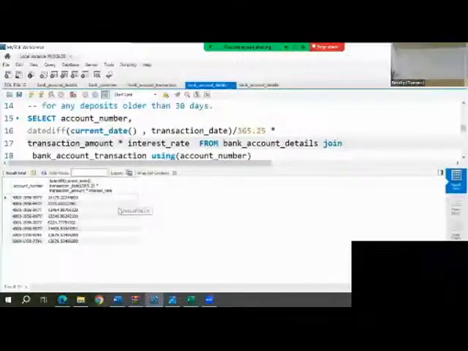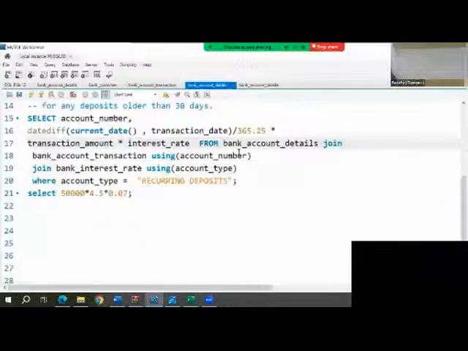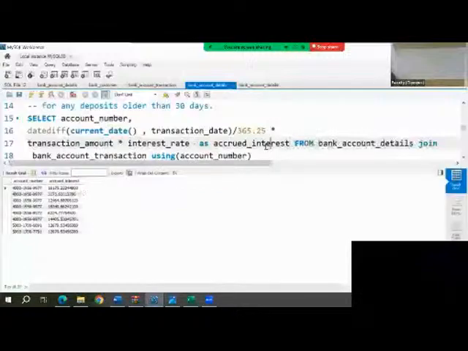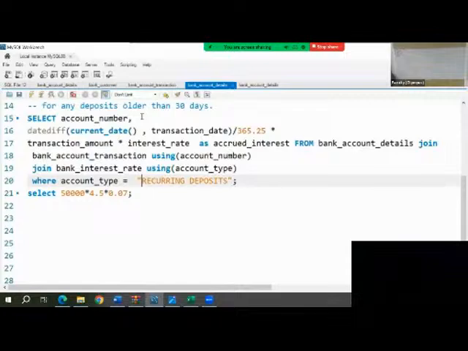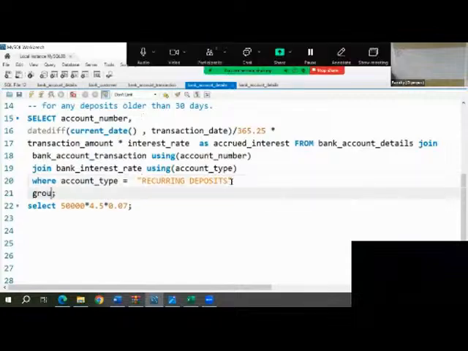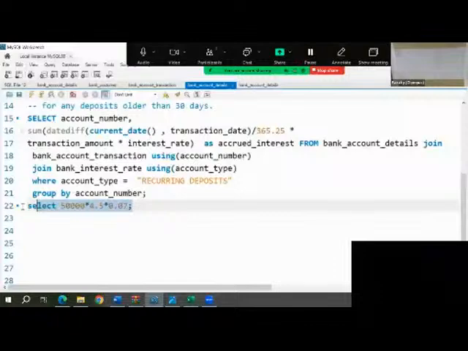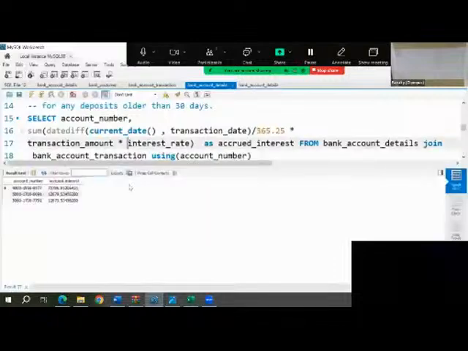That's all. Let's call this accrued interest. And now all I have to do is group by account number, right? So let's group by account number of these accounts.